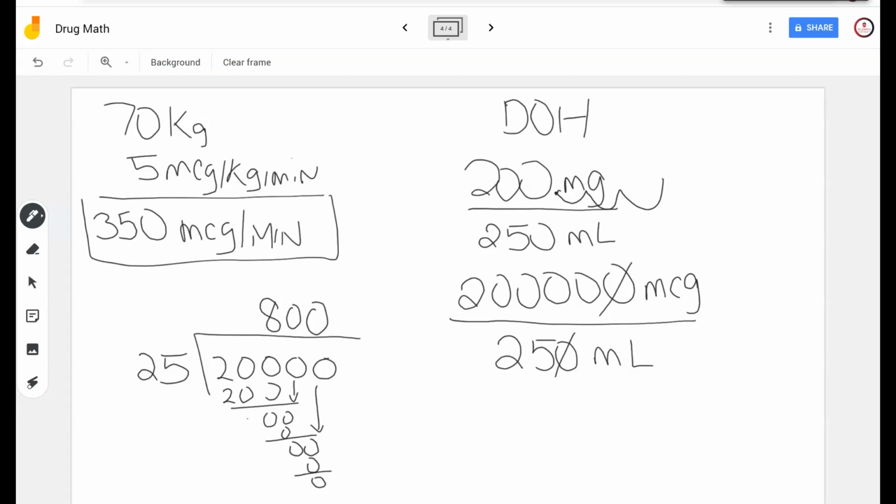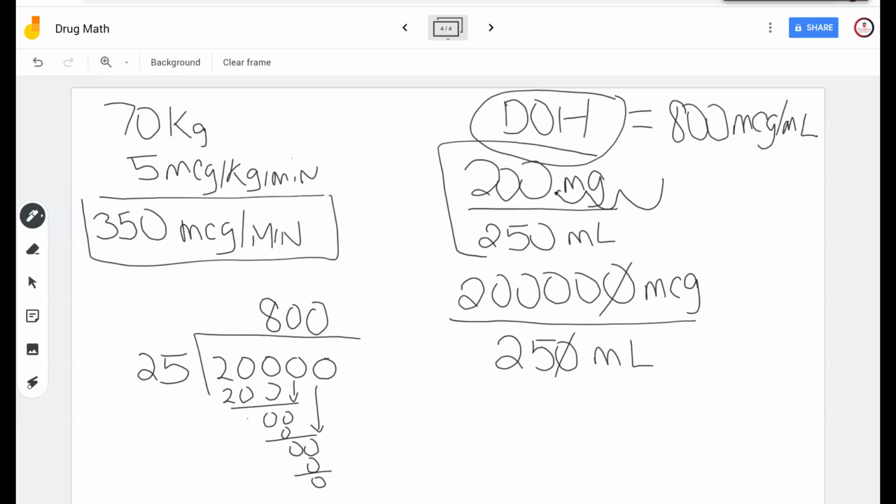$800. Okay, so you have your dose on hand is equal to 800 mics per milliliter. 200 milligrams in 250 milliliters is a pretty standard dopamine dose that you're going to see on most test questions.